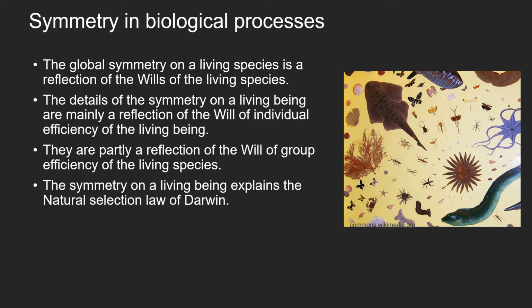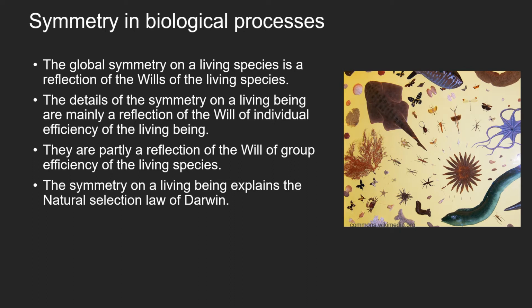They are different for different living beings of the same living species. For instance, the symmetry on the faces of every human being is different. The details of the symmetry on a living being are mainly a reflection of the will of individual efficiency of the living being. They are partly a reflection of the will of group efficiency of the living species.